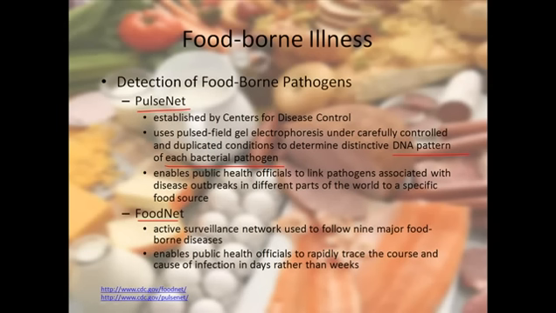And in the case of FoodNet, what they are doing is this: FoodNet associates run a surveillance network used to follow 9 major foodborne illnesses. Cholera is one of them, typhoid is one of them, and this is among these major foodborne illnesses.